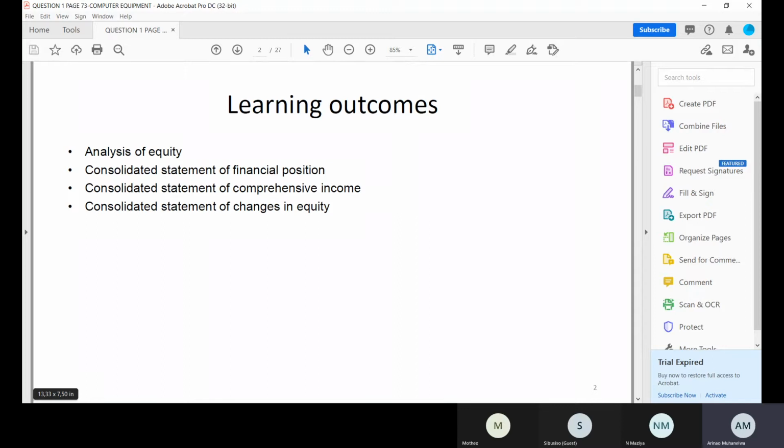The other requirements are that you will be expected to prepare the consolidated statement of financial position, the consolidated statement of comprehensive income, and lastly, the consolidated statement of changes in equity.